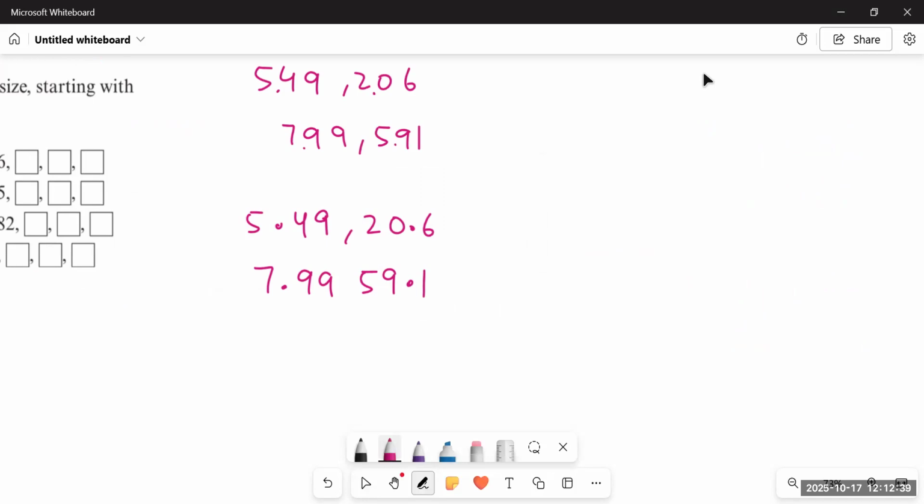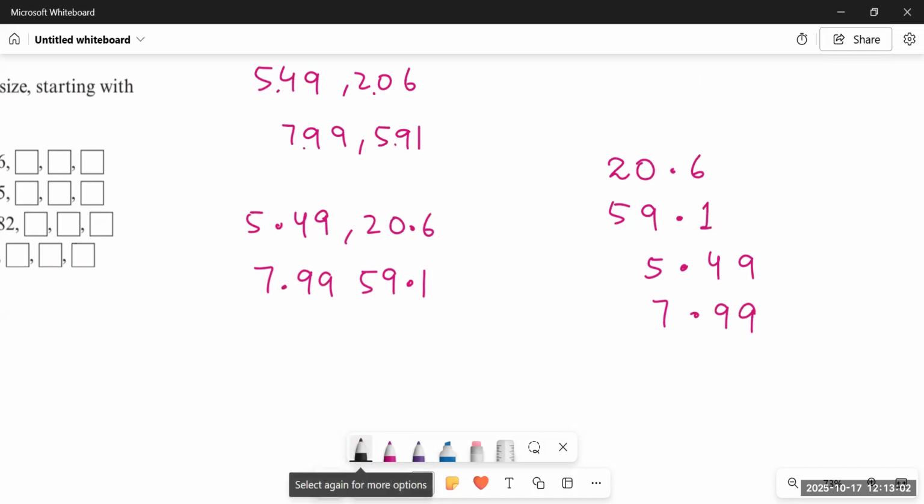So always remember, whenever you have to compare the decimals, you have to keep it like this. We will write 20.6 and 59.1 first, and then we will keep the other two as 5.49 and 7.99. So in the first place, we have to write down the decimal below decimal.